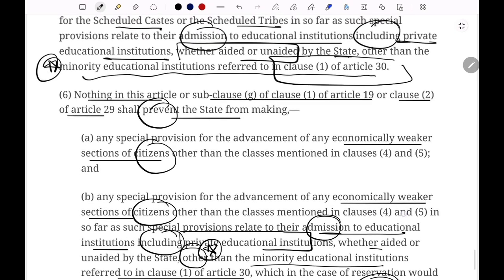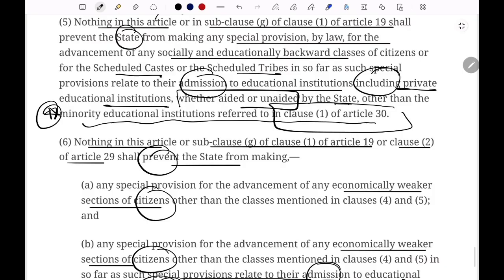That is, what does it basically the article 15 clause 6 want to say here? Basically, it was added by the 103rd Constitutional Amendment Act 2019.